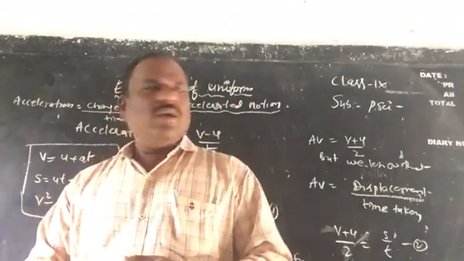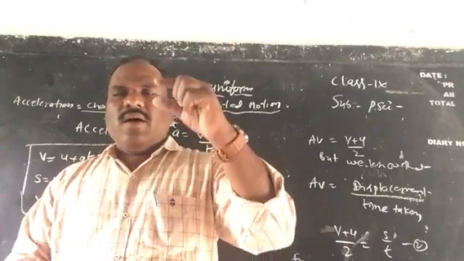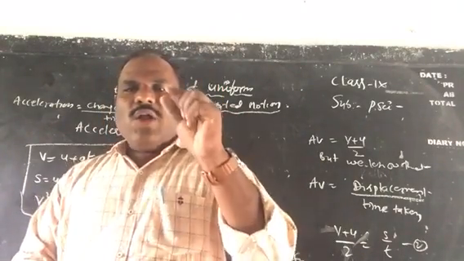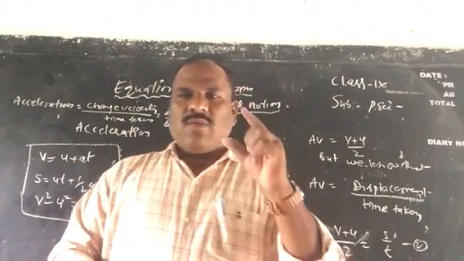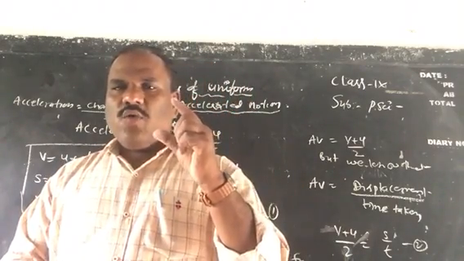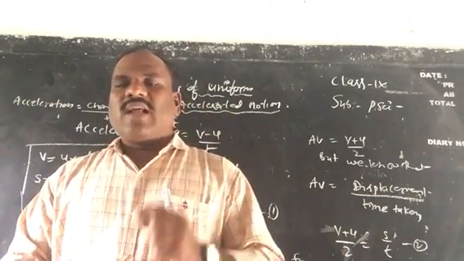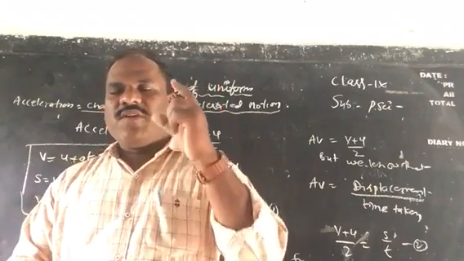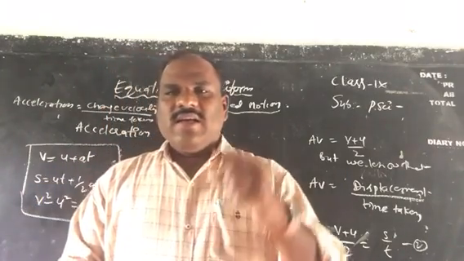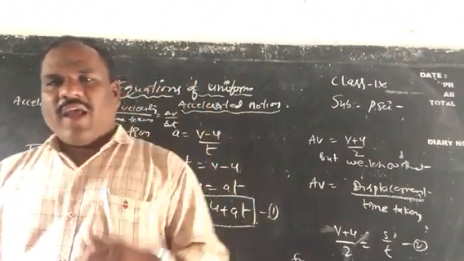Now before deriving the equation v equal to u plus at, let small u be the initial velocity at the time t equal to 0, and capital V be the velocity at the time t, and let s be the displacement covered by the body during time t.